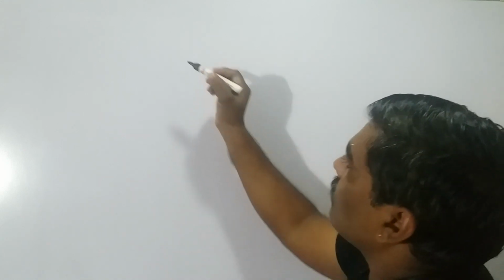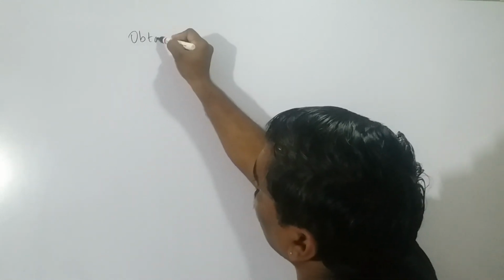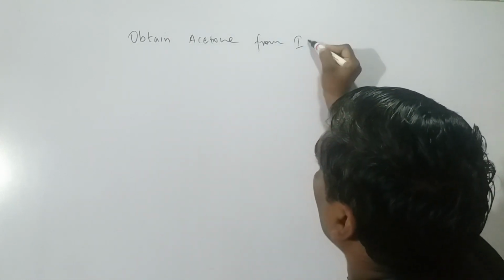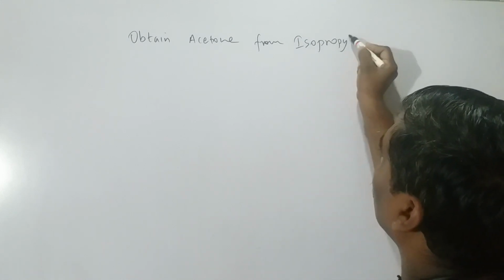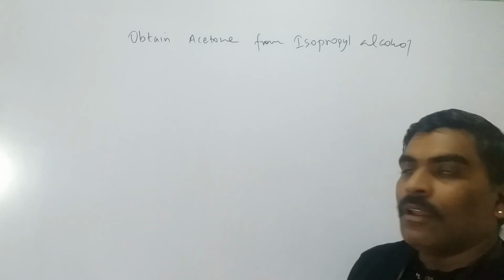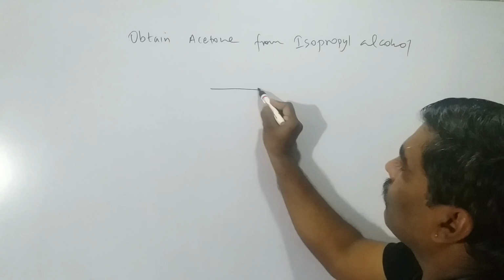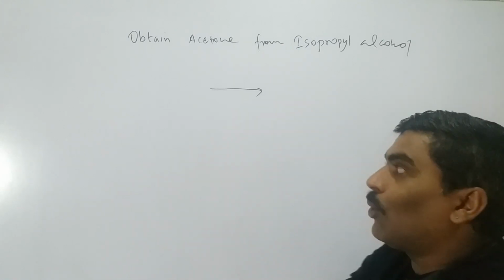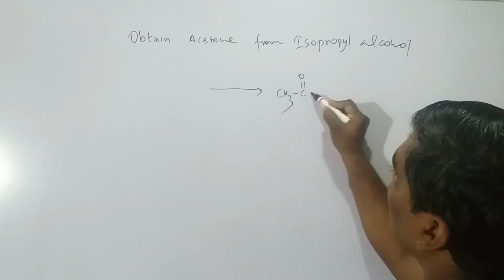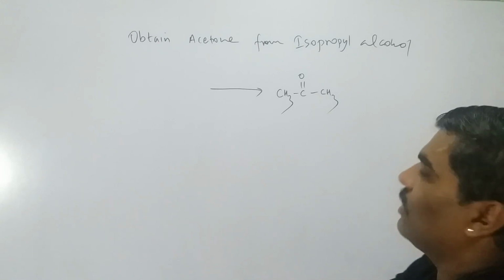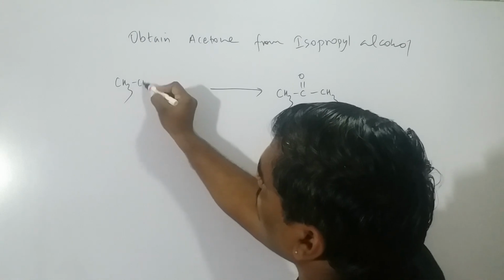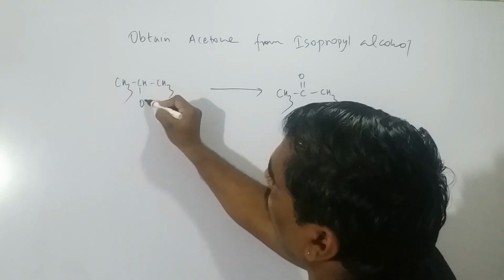Whenever a question comes, we draw an arrow, and what you obtain is acetone. The structure of acetone is CH3, C double bond O, CH3. And isopropyl alcohol is CH3, CH, CH3 and OH.